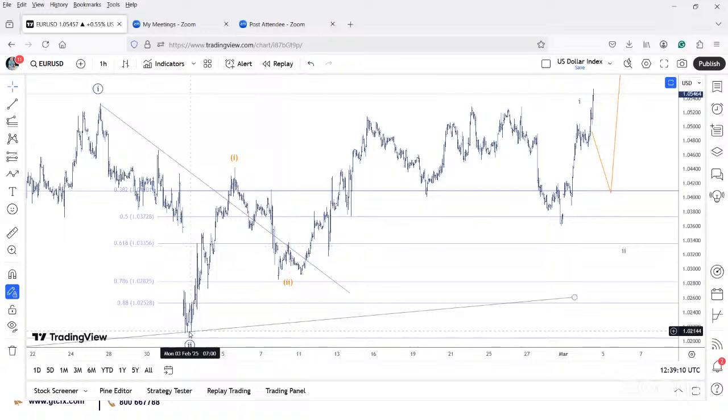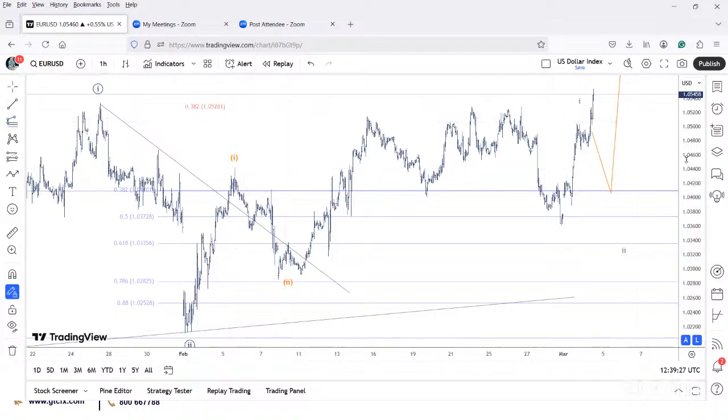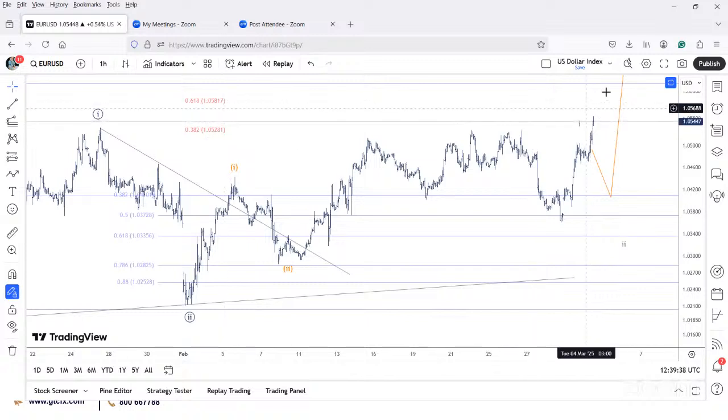Stop loss would go around just below the beginning of wave 1, 1.02, and the targets, let's take the target. I'm doing a simple extension. You can see that the first target 520 has just been hit. Maybe the second target at 586 also is just within reach. It's about 40 points lower than this second target.